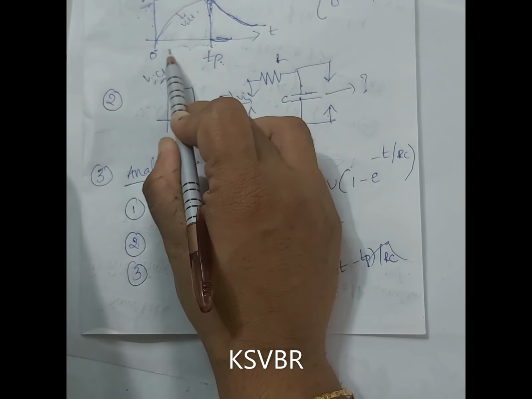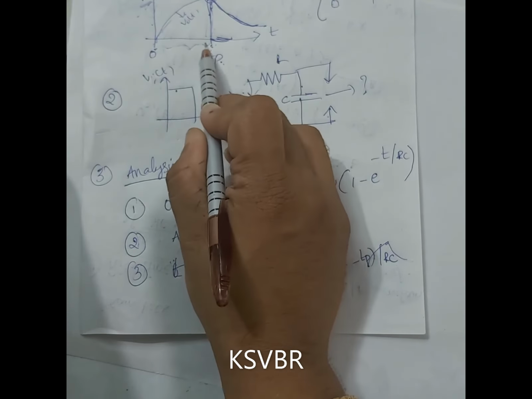Okay, not this portion. It is neglecting this portion. In this portion it is discharging. That's why t minus Tp came here. So V03 of t is equal to Vp into e power minus t minus Tp by RC. This is the analysis of our pulse signal. If you know step, then only we can come for pulse.